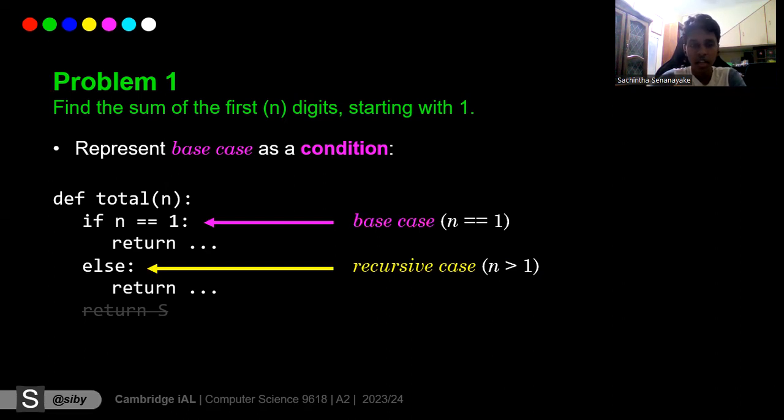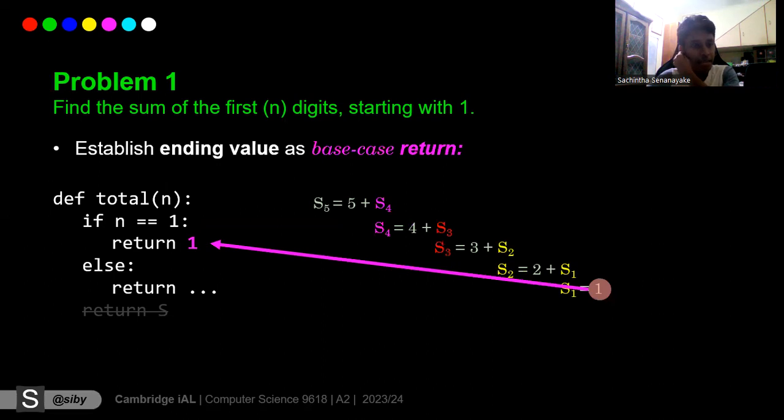The next part is to establish the ending value as the base case's return. Now notice how I told you that the ending value and the base case are two different things. The base case is where n reaches 1. But when n reaches 1, the sum is 1. That is, the sum of n equals 1 is 1. So then in that case, I will return 1.